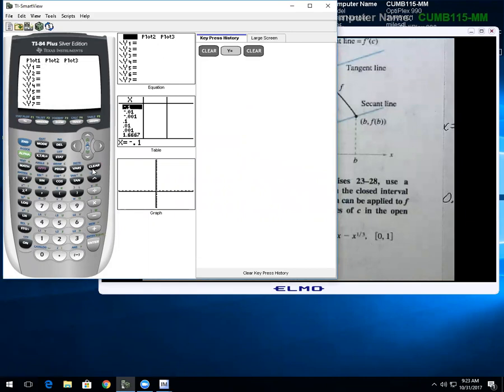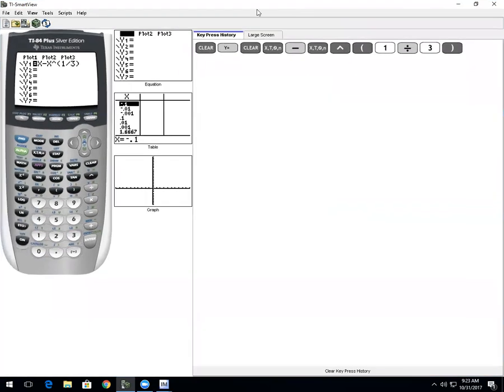It is x minus x to the 1/3. I don't remember the window that I used when I graphed something on this calculator.